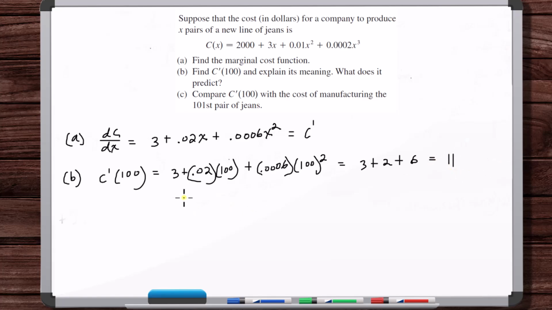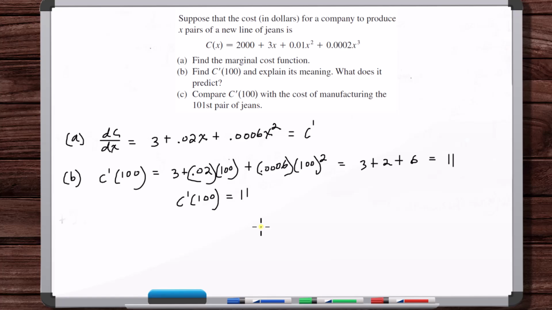So C prime 100 is equal to 11. Okay, what does this predict? What is this saying? C prime 100 is saying that if you wanted to produce one more unit, so you're producing 100 units, if you produced one more unit, your costs would go up by $11.